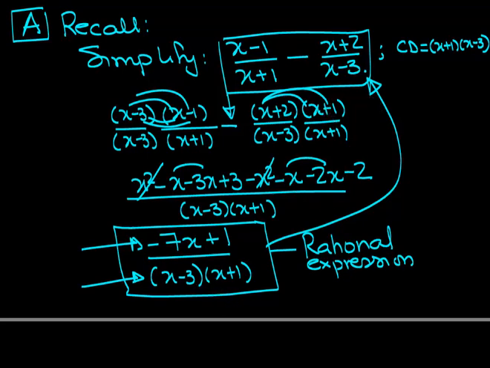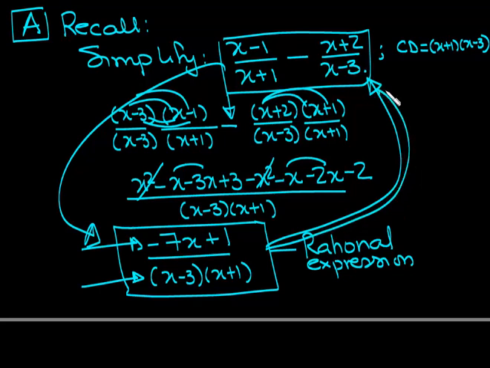So we want to do the opposite this time. Instead of going like this, like we just did, we actually want to go like this, and that is called partial fraction decomposition. We're going to take this fraction and break it down into smaller fractions, do the decomposition.